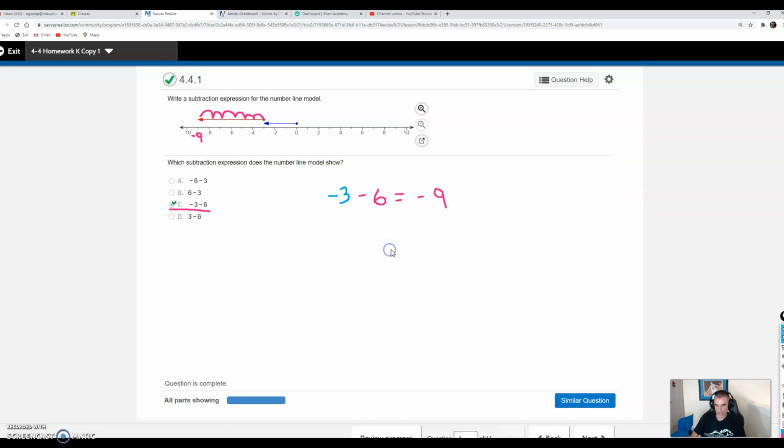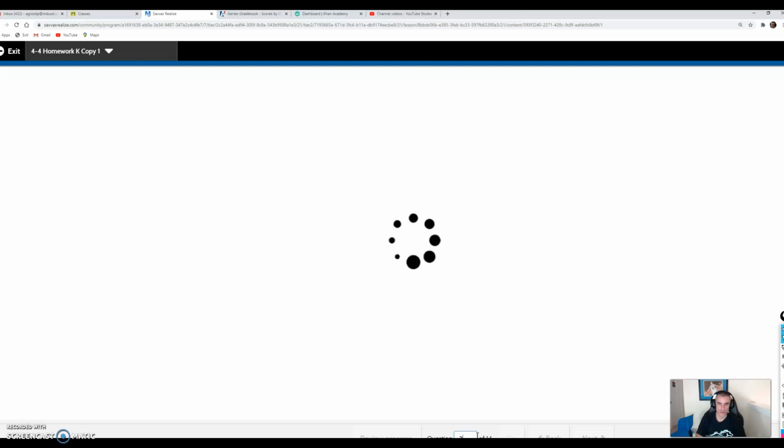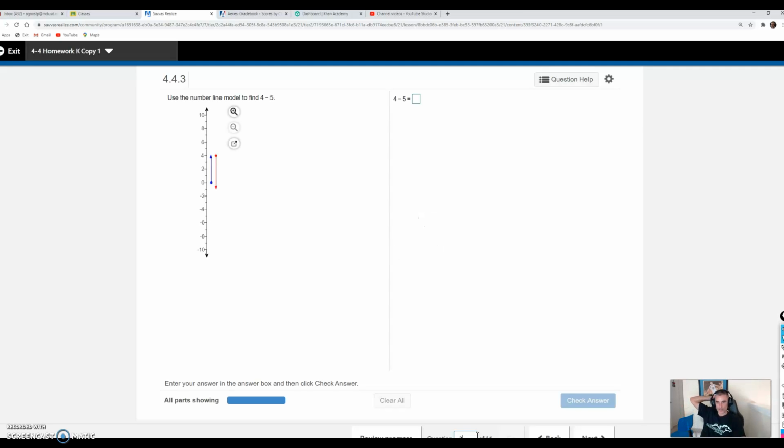Got it? Okay, I'm going to take a look at number 3. All right, so the big difference here is that they've just arranged the number line vertically instead of horizontally.